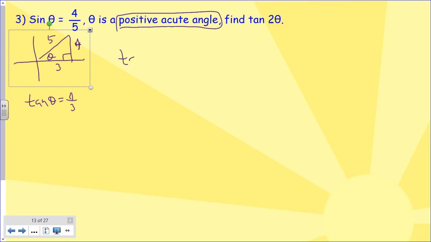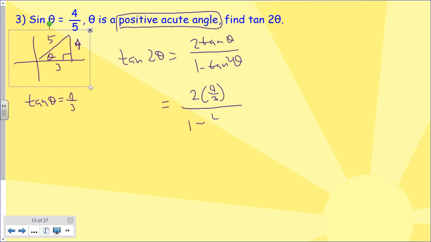And my formula of tangent of 2 theta is 2 tan theta over 1 minus tan squared theta. So it's 2 times 4/3 over 1 minus 4/3 squared.